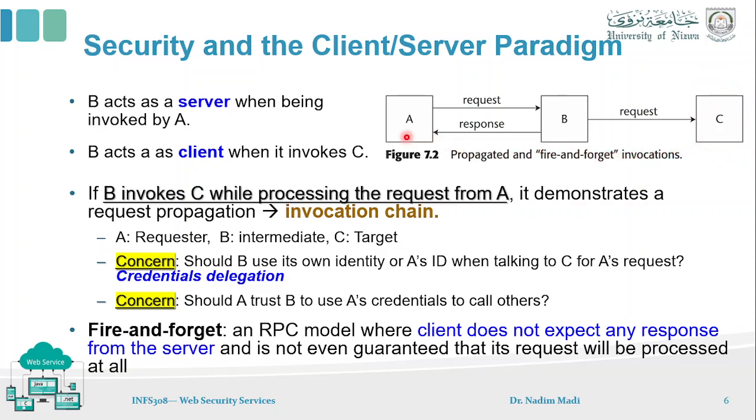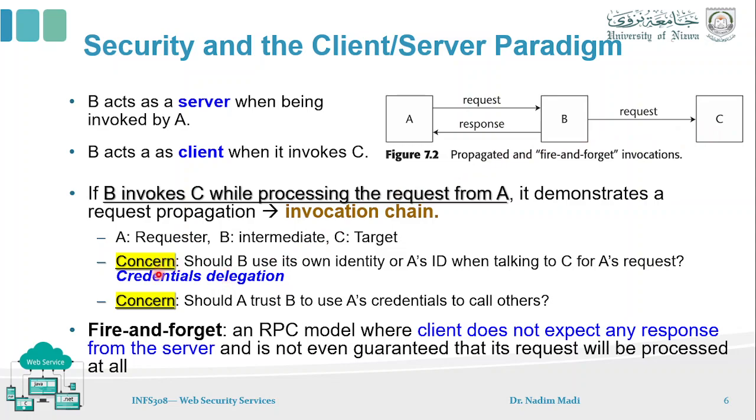So when A wants to invoke C, it has to go through B, meaning that A has to send its request to B. B has to have an interface which is able to talk to A, and then it converts this message into a proper form that can be understood by C, using of course another interface which links it with C.